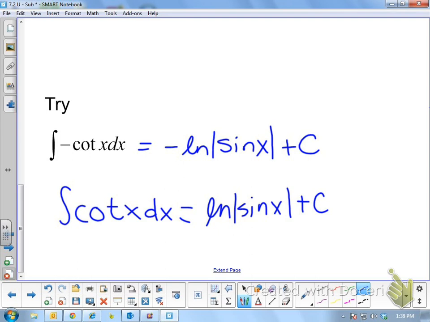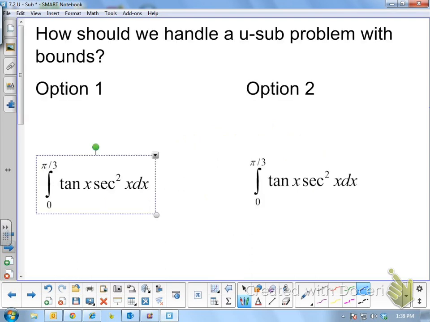Okay, so then we approach the question of what do we do if we have bounds? What if we do not have an indefinite integral, but a definite integral? So, when we handle bounds, there's two options.